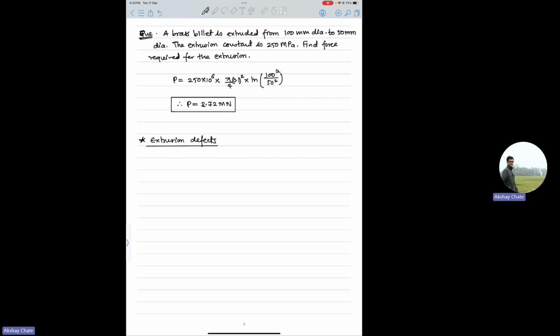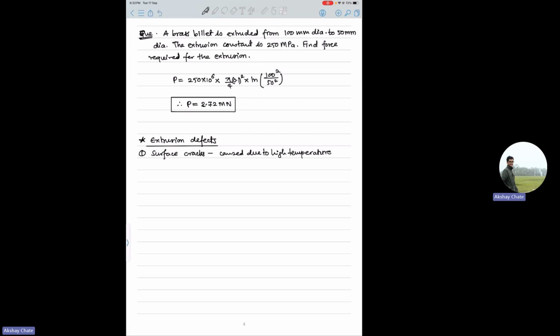Okay. First is called as surface cracks. I mean, everybody knows what are cracks, so that is there. But it is caused due to high temperature. So more probability in the hot extrusion process.